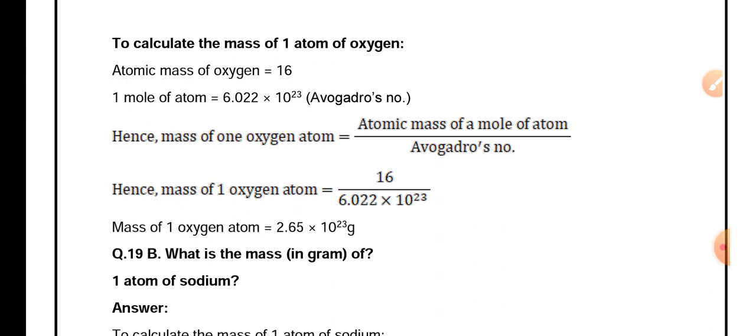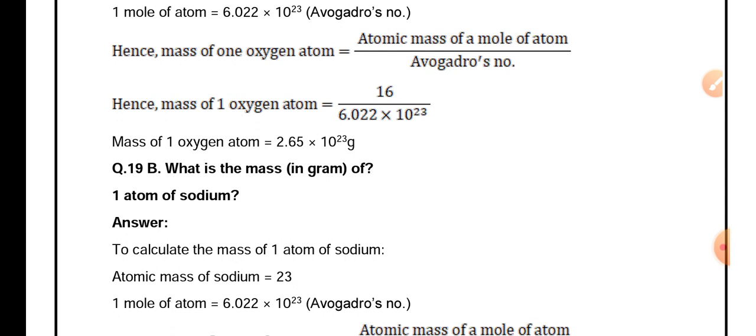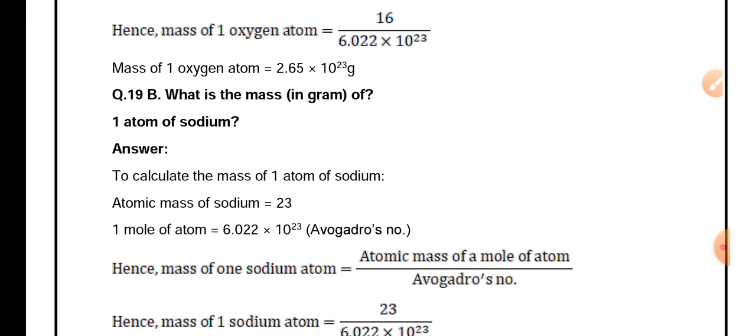What is the mass in grams of one atom of sodium? Answer: to calculate the mass of one atom of sodium, the atomic mass of sodium is 23. 1 mole of atoms is equal to 6.022 into 10 to the power of 23, the Avogadro number.